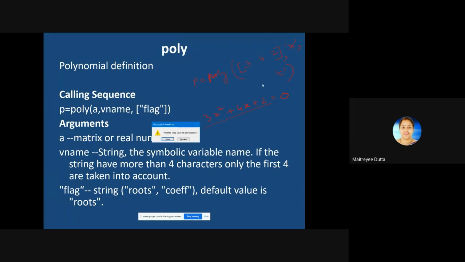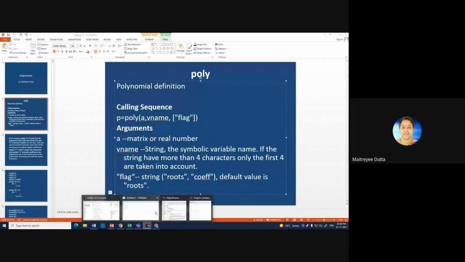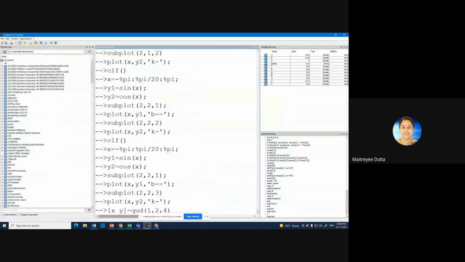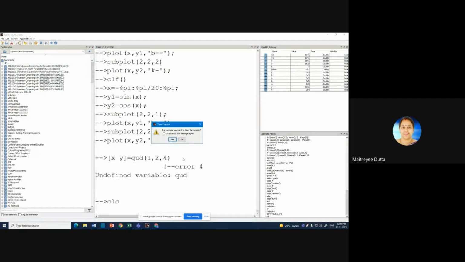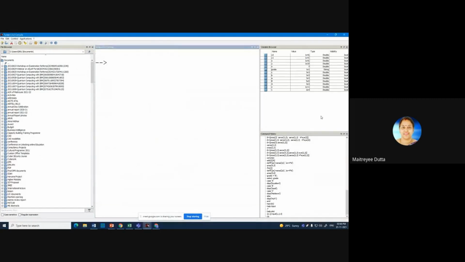Now let us see whether it is the same or not. Now we will go to the Scilab. Right? We are writing P is equal to poly.